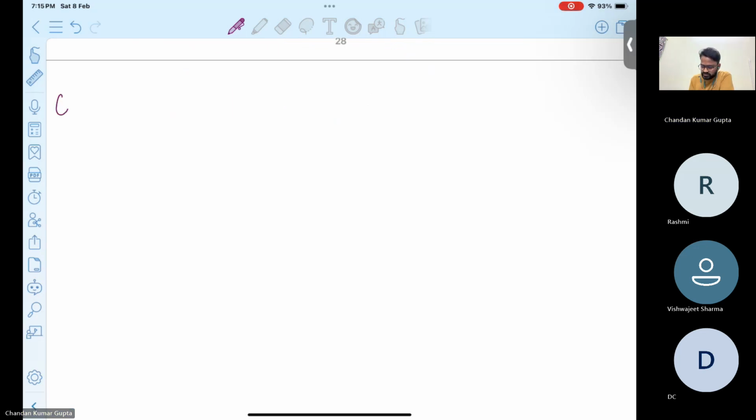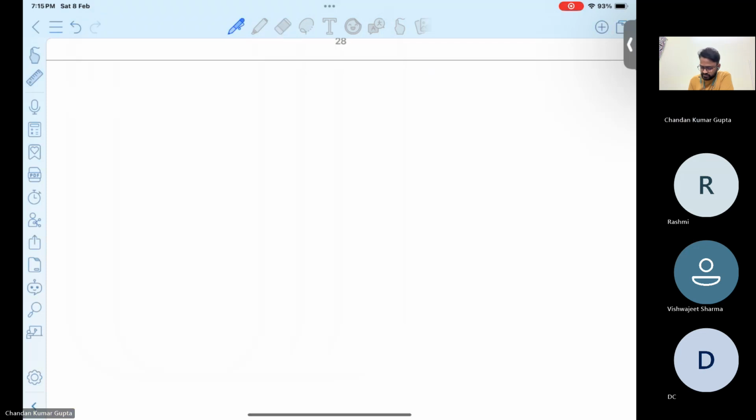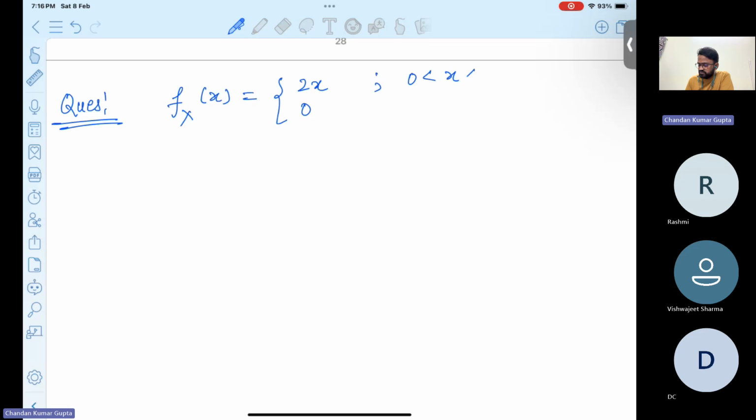Okay. The next question will be like this: we are given a PDF f(x) defined as 2x when x lies between 0 to 1 and 0 otherwise.